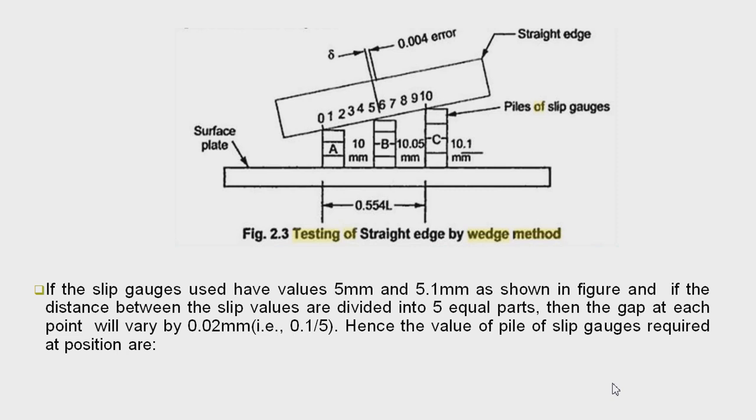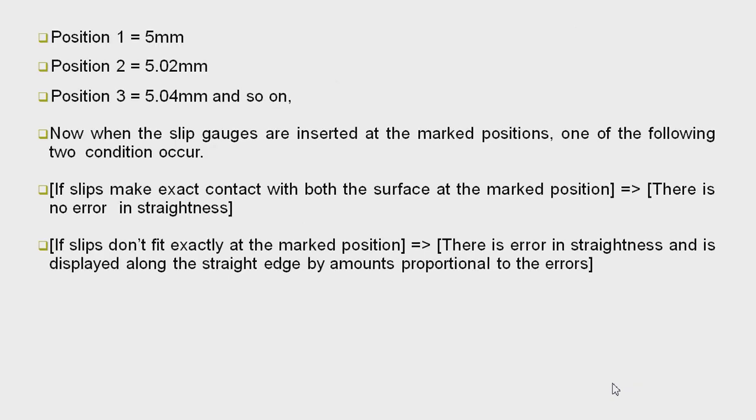If the slip gauges used have values 5 mm and 5.1 mm as shown in the figure, and if the distance between the slip gauges is divided into 5 equal parts, then the gap at each point will vary by 0.02 mm, that is 0.1 upon 5. Hence, the pile of slip gauges required at each position is: first position 5 mm, second position 5.02 mm, third position 5.04 mm, and so on.